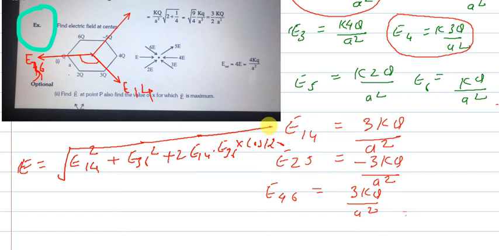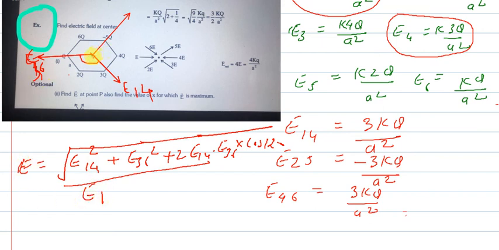When you solve it, you will get some value. This is homework for you. Solve this value; cos 120 is minus 1 by 2. E14, E46, everything is known here. So you will get E1.